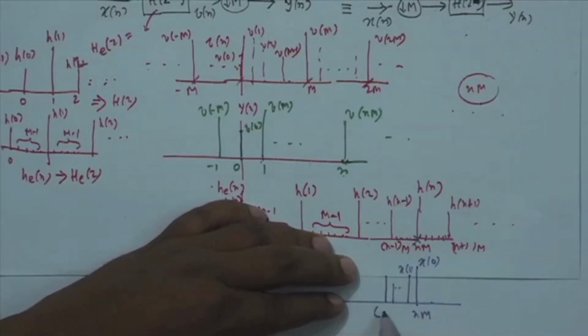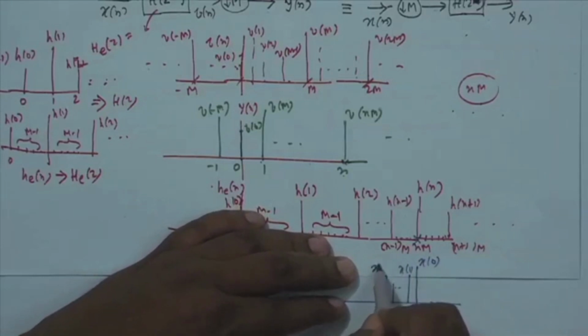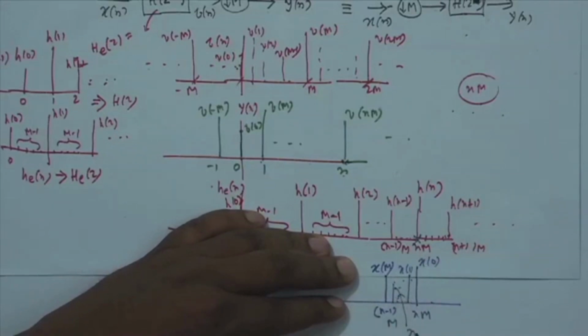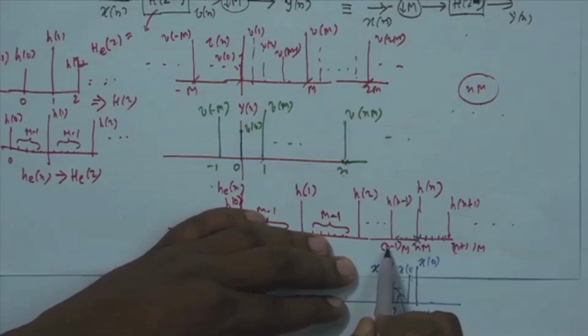Then again at n minus 1 into m, at this point who will be there? X m, because I have got capital M minus 1 zeros. So, capital M minus 1 points here, x 1, x 2 up to x m minus 1. So, x 0, x 1, x 2 up to x m minus 1, they meet zeros from here because of m minus 1 zeros.